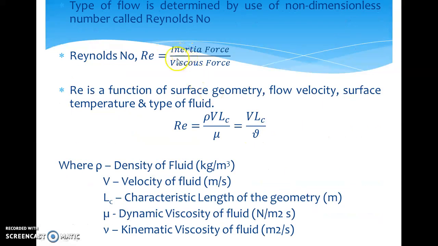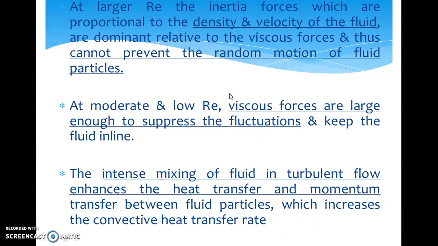When the Reynolds number is low, it means the denominator is high, that is, the viscous force is high. So when the viscous force is high, it maintains the flow in the laminar region.